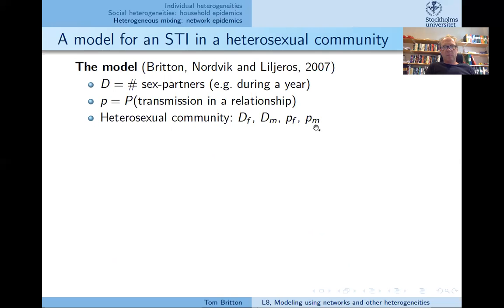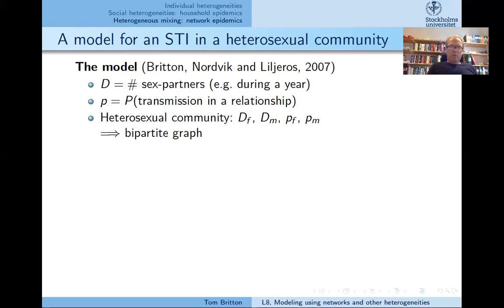And PM is the opposite probability, so it's the probability that an infectious male transmits to a susceptible female friend or partner. Of course, if there are equally many males and females, it must hold that the mean of this degree distribution must equal the mean of that degree distribution, but the full distributions need not be equal. But there is some type of relation connecting the two.